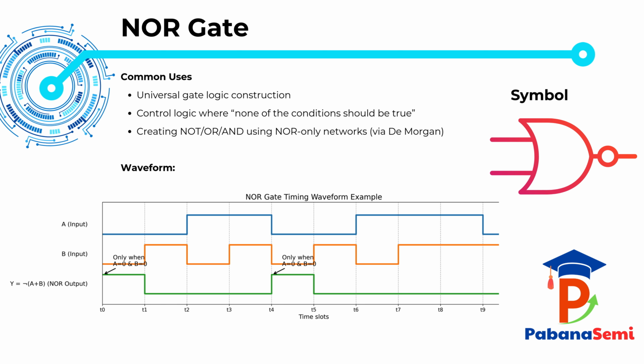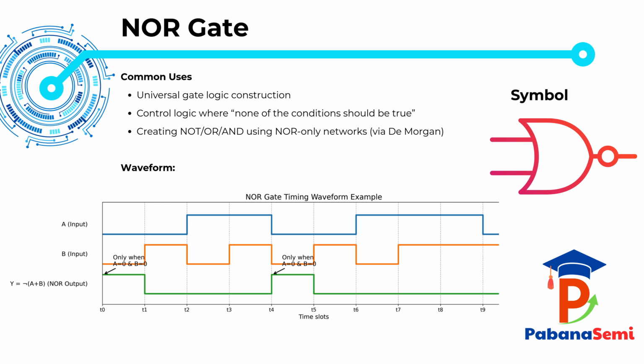In other words, the output should become high only when all the monitored conditions are low. This is common in fault-free checks, idle detection, and certain safety conditions. Third, NOR gates help us create not, or, and functions using only NOR networks by applying De Morgan's theorems. This is a common technique when implementing logic in a NOR-dominant style.